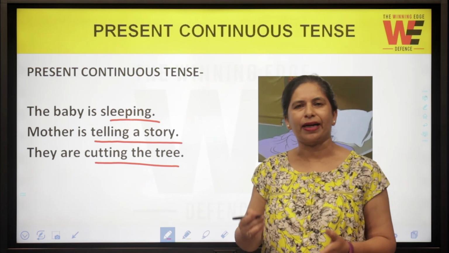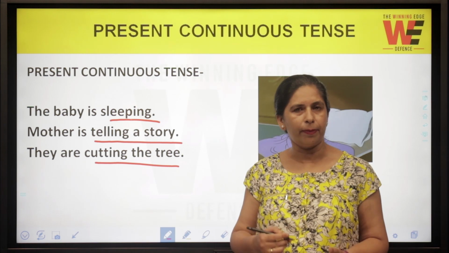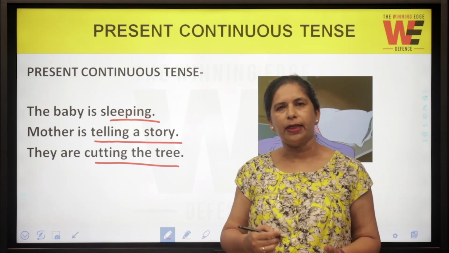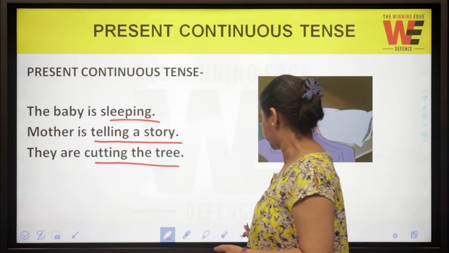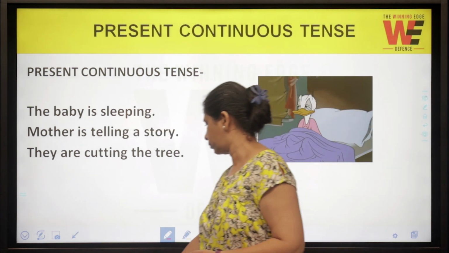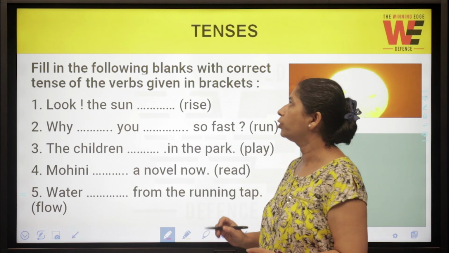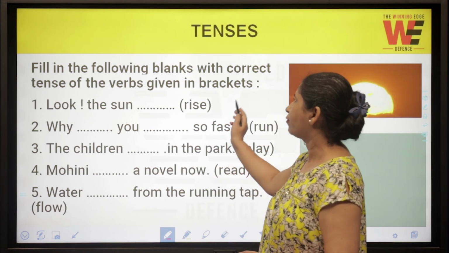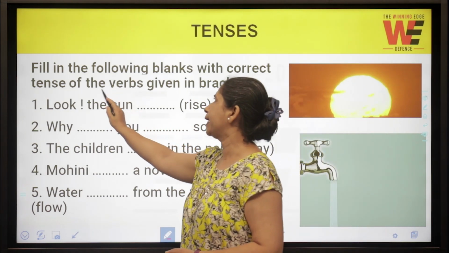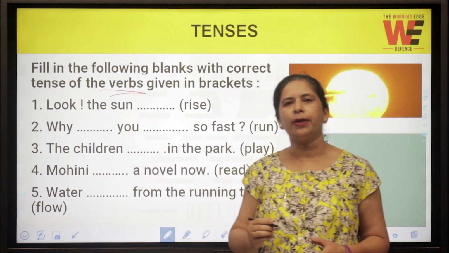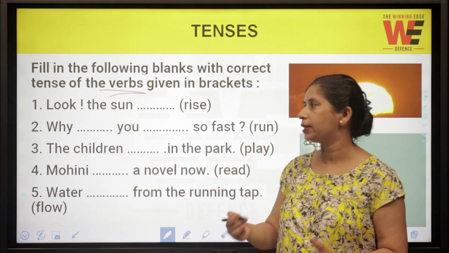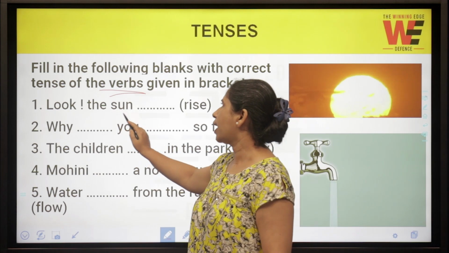Now let us do a practice exercise and solve fill in the blanks related to present continuous tense. So these are the questions in front of you. Here again also you have to fill in the correct tense of the verb. कौन से वाले अभी हमें करने हैं? Present continuous tense. Okay. Look, the sun dash.